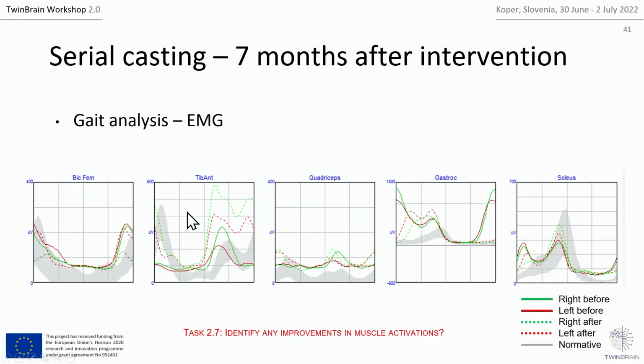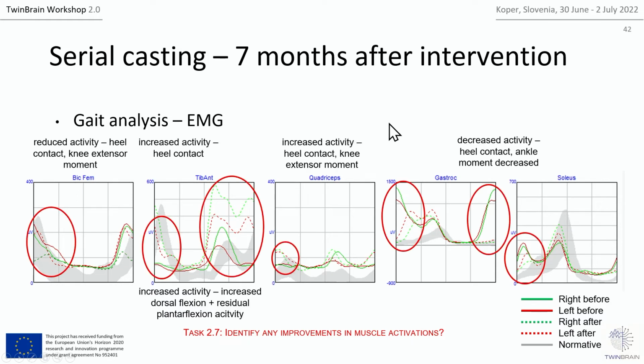So let's see if our prediction was correct in the EMGs. What happened? Let's start with the plantar flexors. We indeed see that the activation of the plantar flexors did reduce, but it still remains. It did reduce to some extent, but there is still some activation present here.